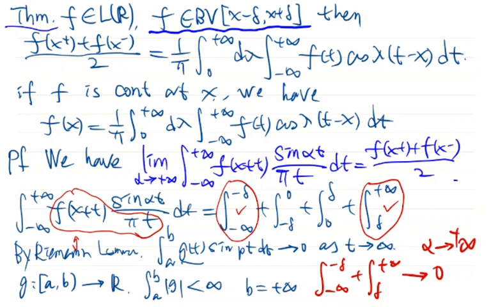We have this result. Therefore, we only need to study the two integrals in the middle, the second and the third. The discussion of the second and the third integral are similar. Therefore, we only study the third integral.